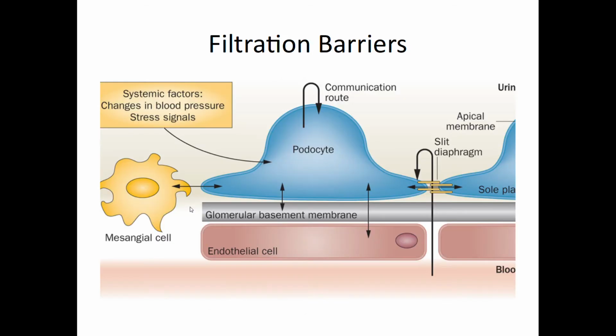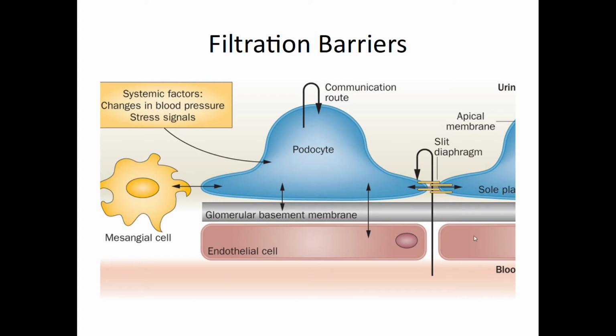Now, as I said, these capillaries are lined on the outside with podocytes. Podocytes are these extended cells with these feet, and there is a slit diaphragm between the podocytes that allows only very limited amounts of stuff out of the capillaries.